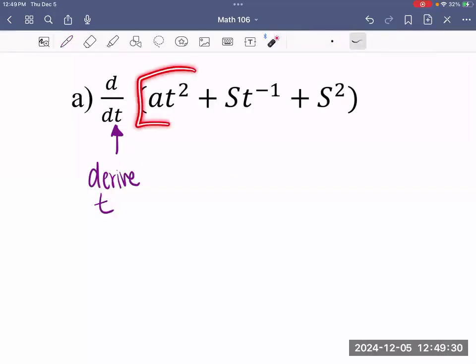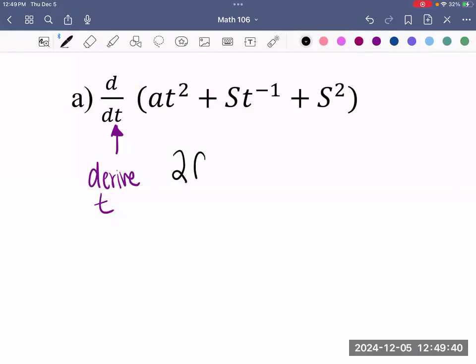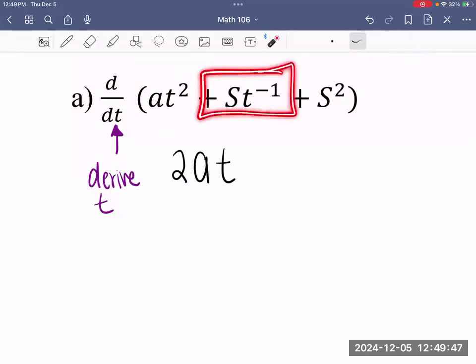So let's take it in chunks. Look at this term here. How would you derive this term? Deriving with t, well, we could drop here 2. So we now have 2 times a times t to the first power. You still with me? Now let's look at your next term.